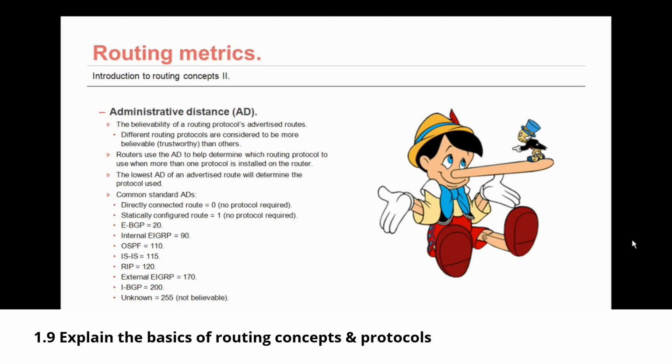Now, if you see an administrative distance of 255, that means that that route is not believable at all. As a side note, the AD can be set by an administrator. So if you are running both OSPF and ISIS on a router, but you want ISIS to be used, you could actually set OSPF's AD to a higher number than ISIS, and then ISIS would always be used before OSPF.